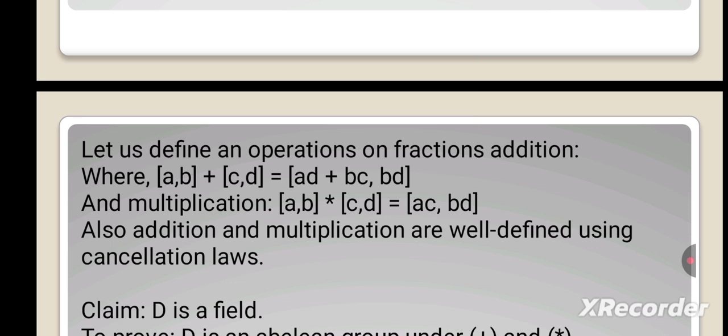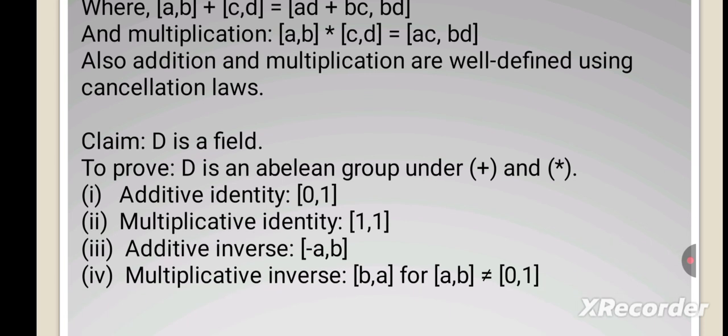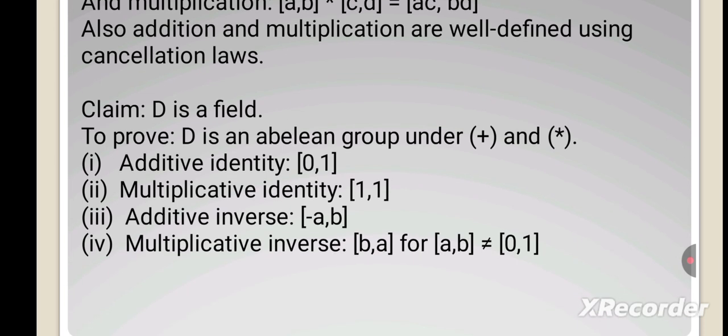It is understood that this addition and multiplication are well defined using cancellation laws. Now our claim is that this set is a field. That is, to prove it is an abelian group under addition and multiplication. Under addition, the additive identity is (0, 1).